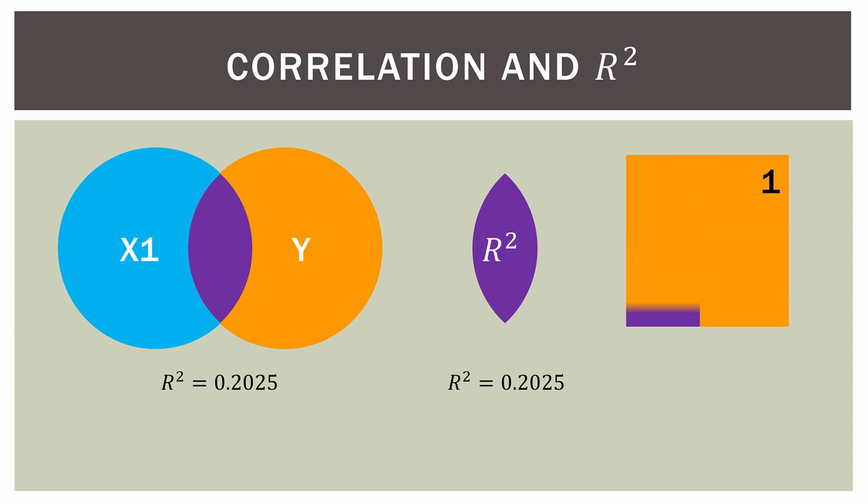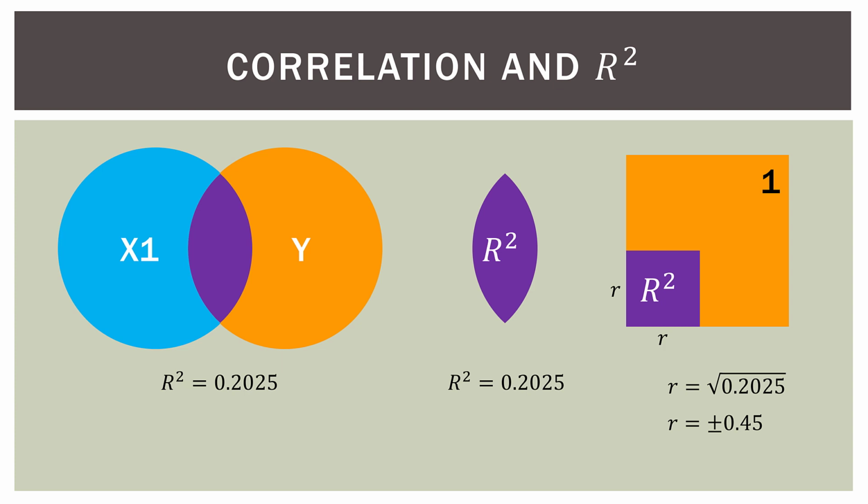Now, if we turn that into an actual square, it would look something like this. So we could take the square root of 0.2025, and we get an R, which is a correlation of plus or minus 0.45. Now, it could be negative 0.45, or it could be positive 0.45. We would have to actually look at our data, look at the slope of the regression line, and a scatter plot to figure out if it's plus or minus.